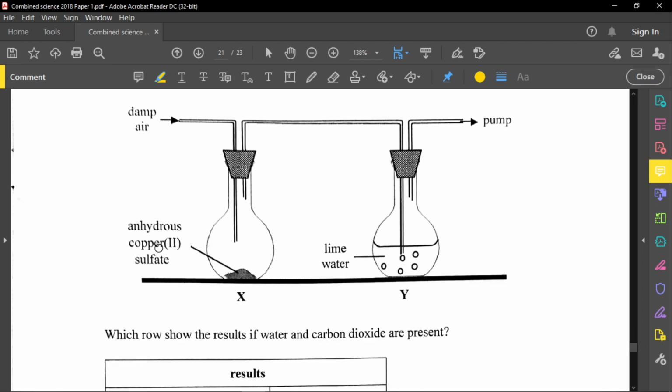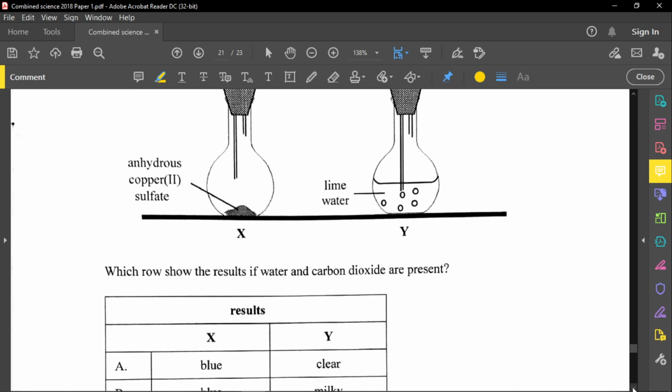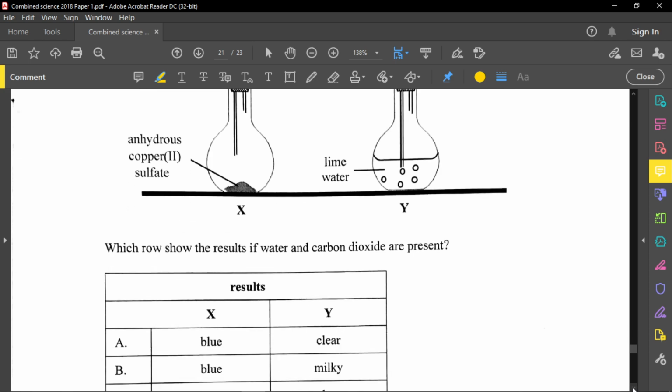The anhydrous copper sulfate without water is a whitish substance. For X, if you add water to anhydrous copper sulfate, it turns blue. And if carbon dioxide passes through lime water, the lime water will become milky.